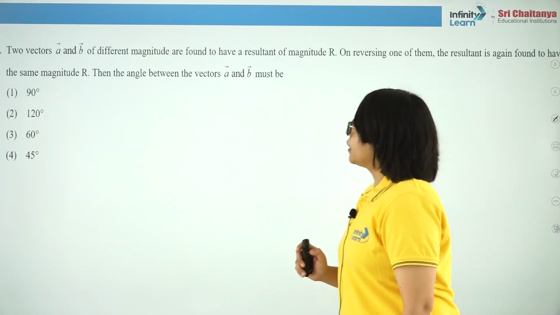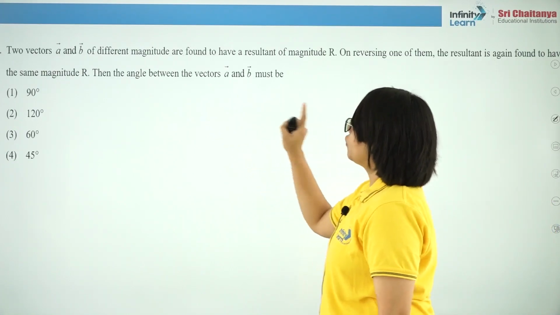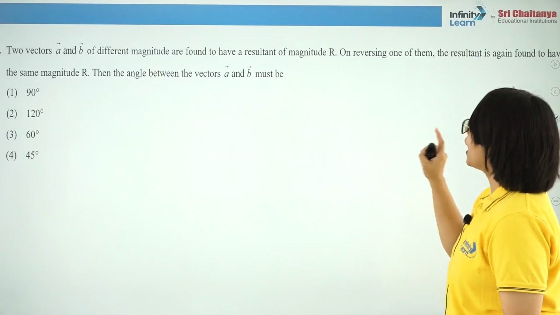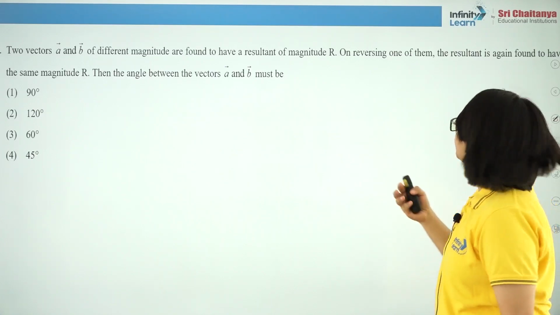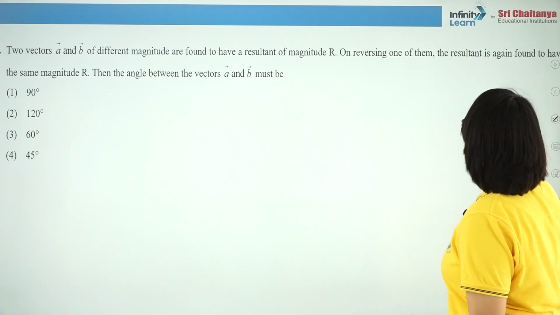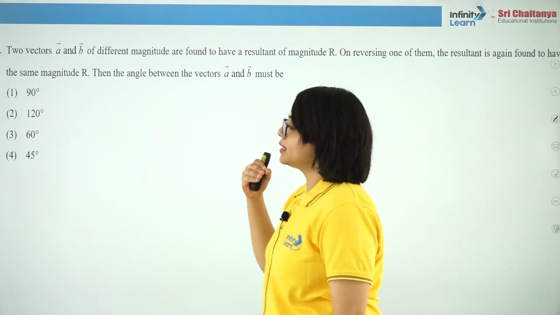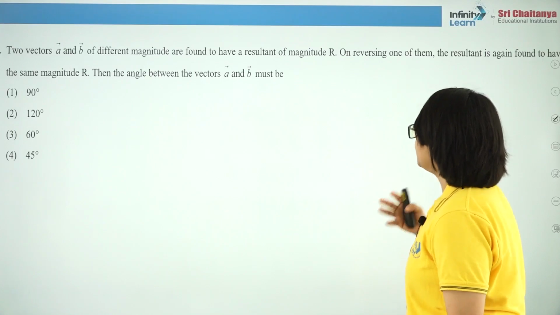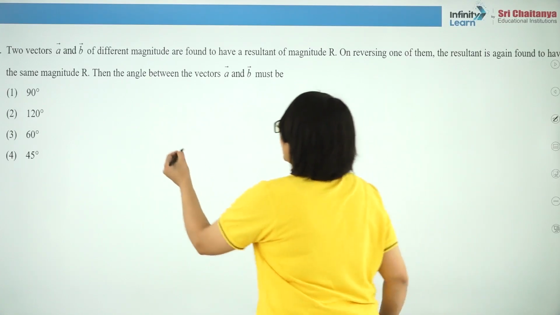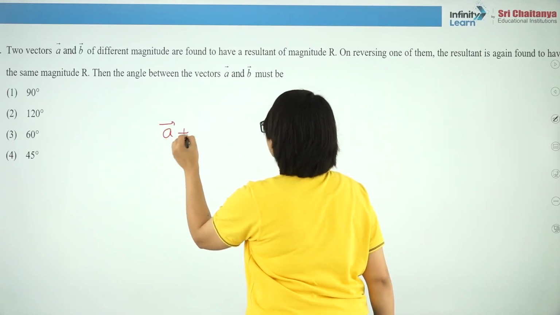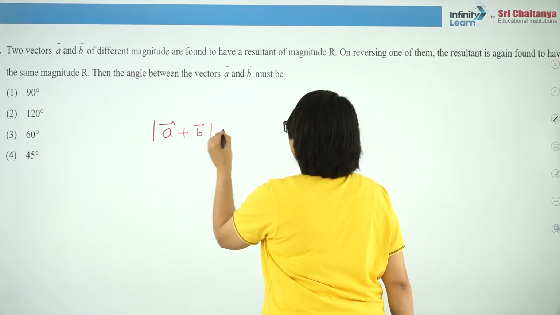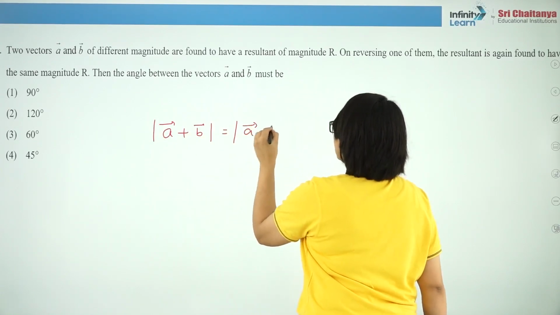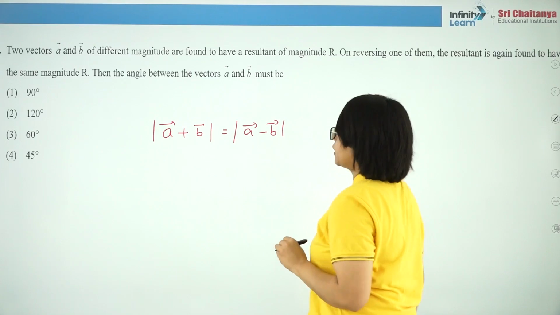Next is 121. Two vectors A and B of different magnitudes are found to have a resultant of magnitude r. On reversing one of them, the resultant is again found to have the same magnitude r. Then the angle between the vectors A vector and B vector must be? So, we have A vector plus B vector magnitude is equal to A vector minus B vector magnitude.